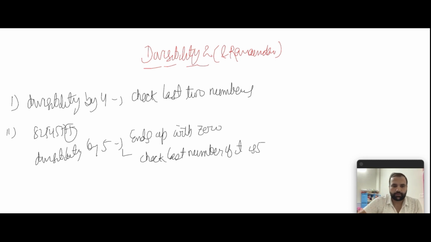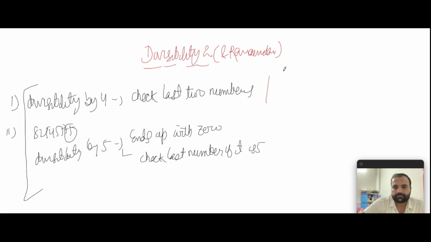Now I'll be creating some concepts and then some ways on these two platforms. So again, remember, for divisibility of 4 we need to check the last two numbers, and for 5 we check the last number. Let's check divisibility by 8 for any number.